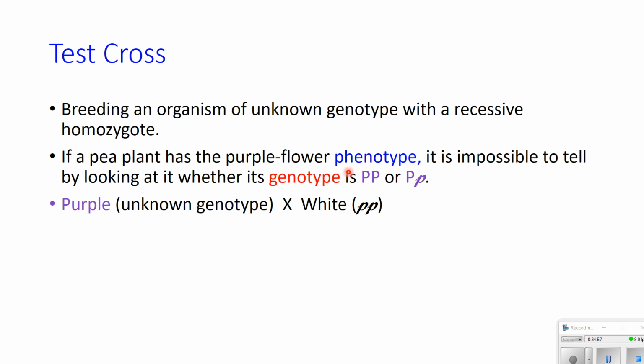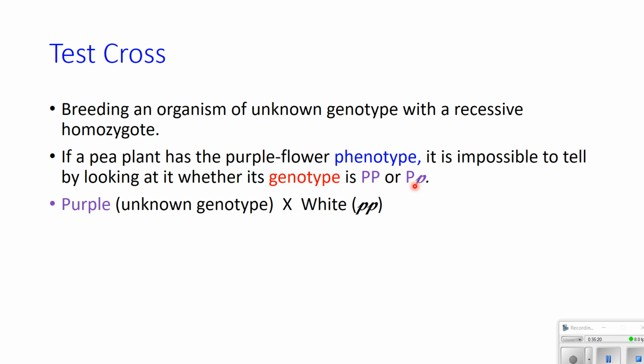However, you cannot tell just by looking at a purple flowered pea plant whether its genotype is big P, big P or big P, little p. It is impossible to tell just by looking whether a purple flowered pea plant is homozygous or heterozygous.